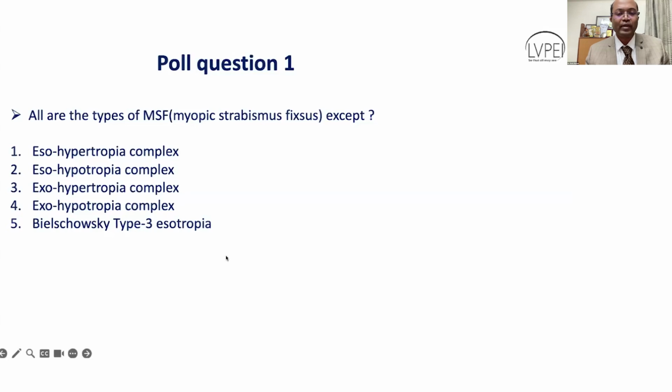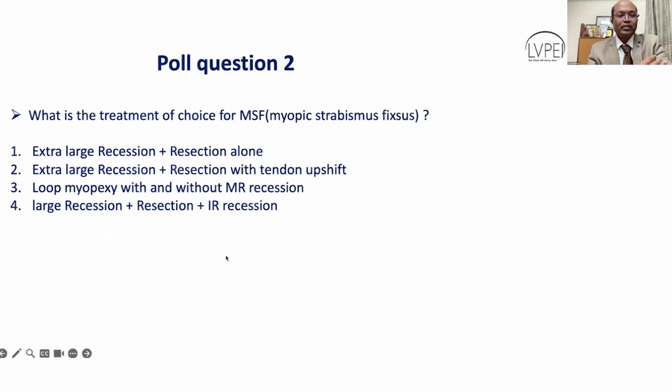So let's move on to the next poll question. What is the treatment of choice for myopic strabismus fixus? Extra large R&R, extra large R&R with tendon upshift or downshift, loop myopexy with or without MR, and large R&R with IR recession.